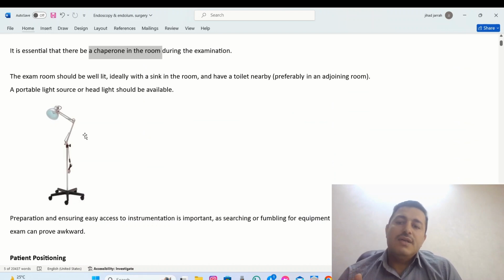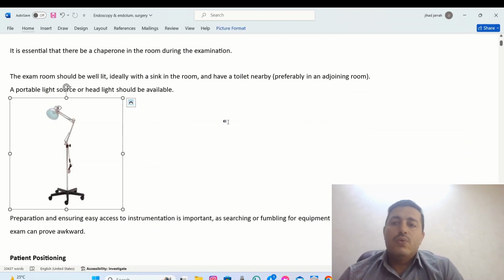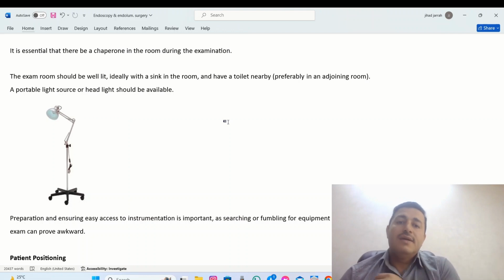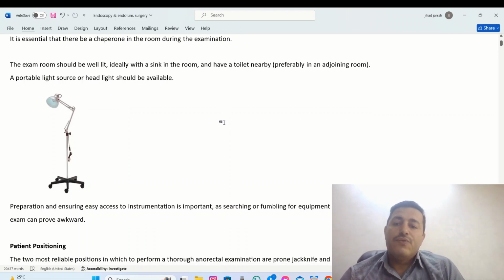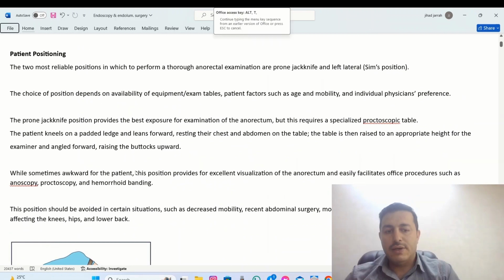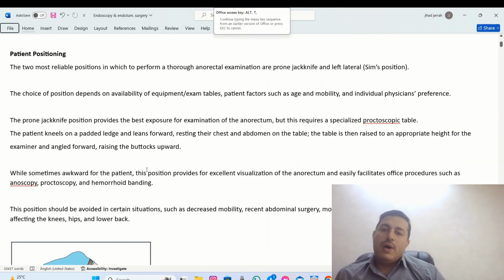For example, as you see in front of you, we should have a portable light source. We should have a toilet nearby, and the instruments should be ready for use. If we are talking about patient position, we have two positions for performing an anorectal exam.